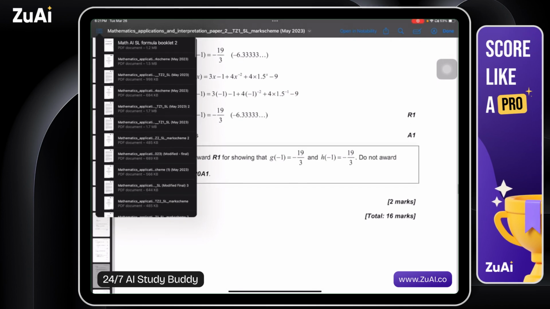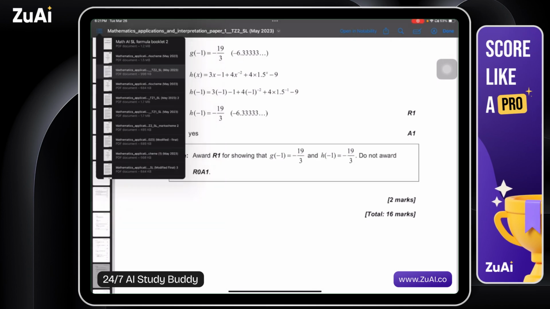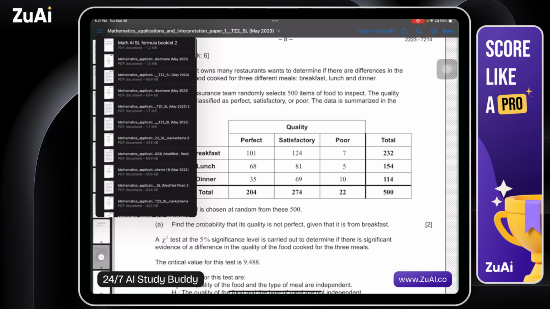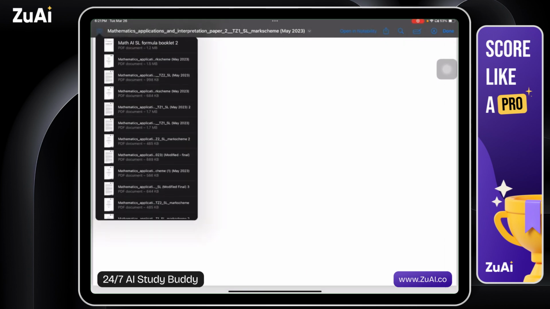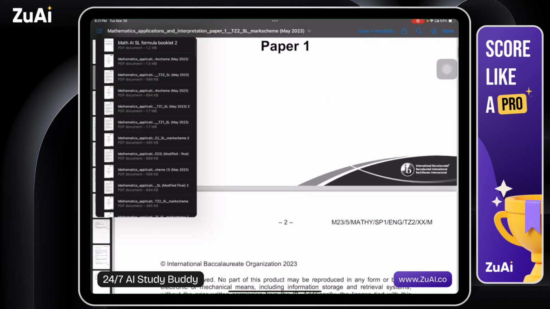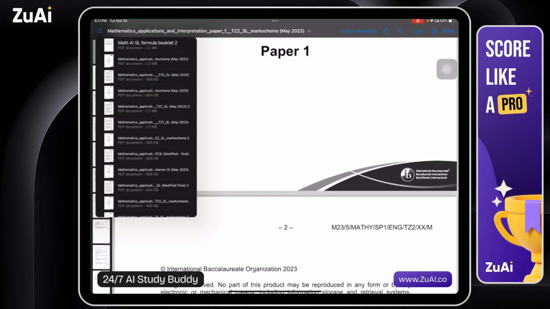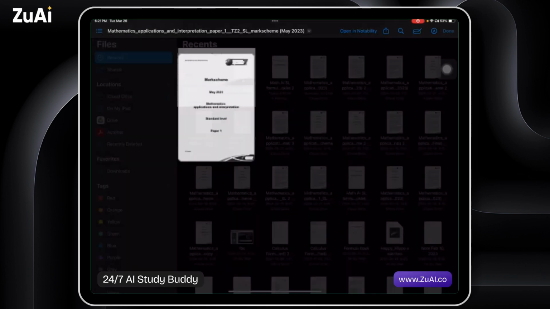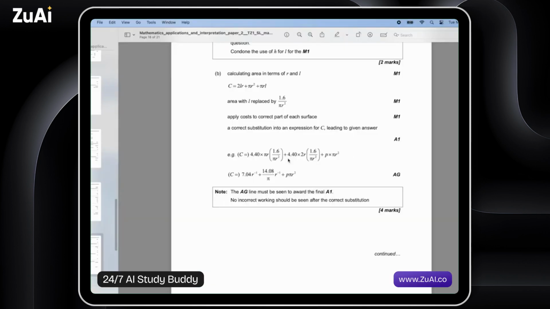I'll try one more. There's a paper 1. We'll try once more. I don't think this is it. Okay. I'm going to show you on the larger screen then.